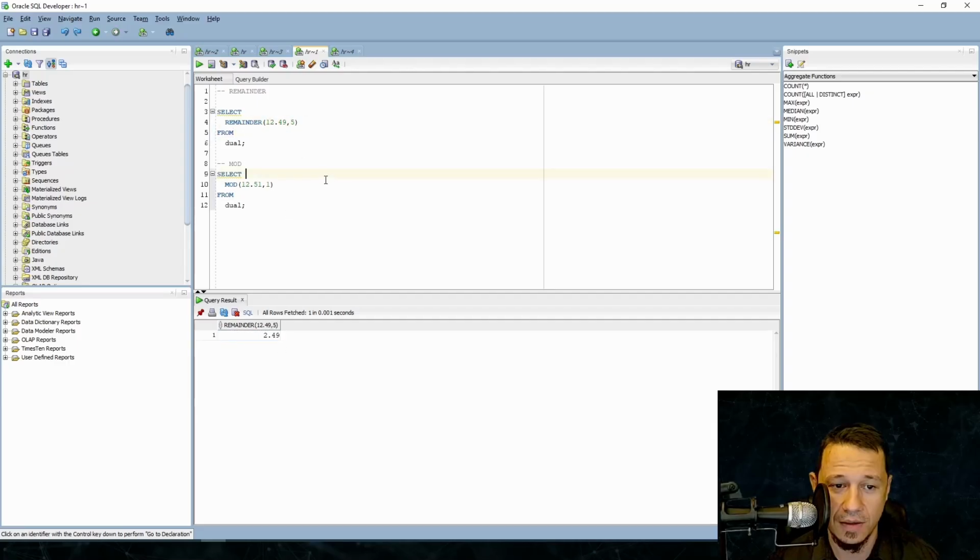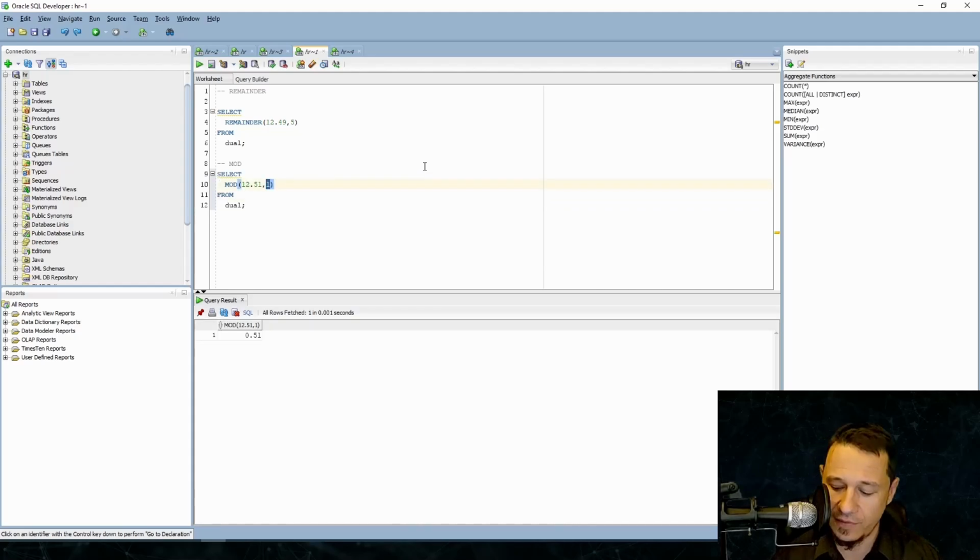The MOD function works in a similar fashion as REMAINDER, only that REMAINDER uses the ROUND function when checking those two numbers, and MOD uses the FLOOR function. So when I execute this, the closest number to 12.51 multiplied by 1 will be 12, and we'll get the result as 0.51.